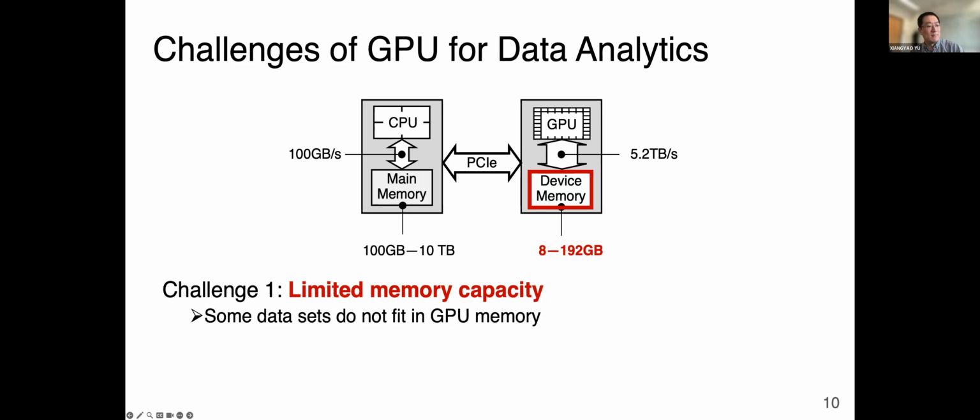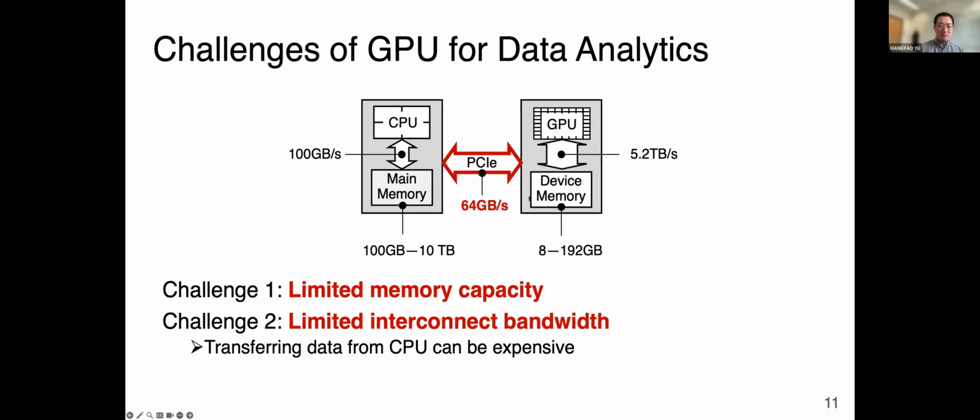I think H100 has 80 gigabytes, and the biggest GPU has 192 gigabytes. So that's relatively small, which means if your workload is large, it does not fit into your GPU.